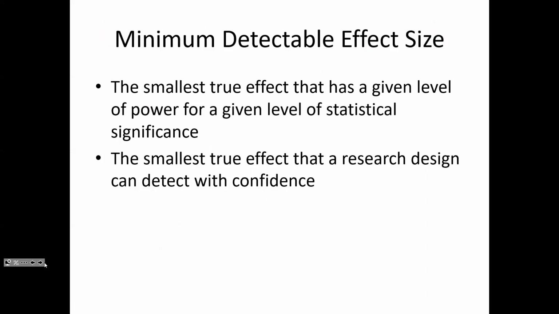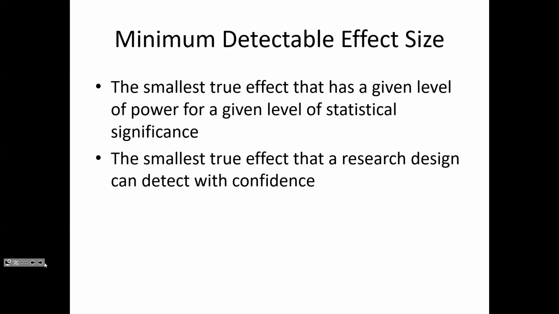The minimum detectable effect size, this is the way that I prefer to do my power analyses, is to think about the minimum detectable effect size. And the minimum detectable effect size is the smallest true effect, so it's the smallest effect size that has a particular level of power for a given level of statistical significance.